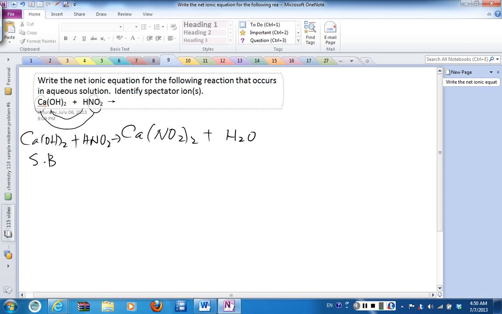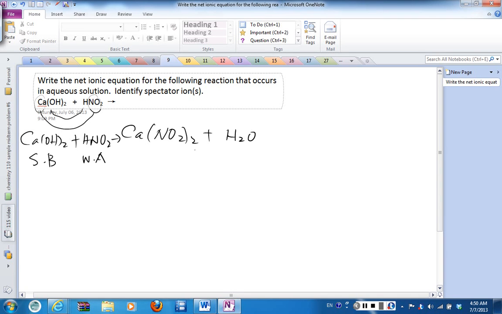It doesn't belong to our 7 strong acid list. HCl, HBr, HI, HNO3, HClO3, HClO4, and H2SO4. That's our 7 strong acid. Nitrous acid, not in there. That's a weak acid.